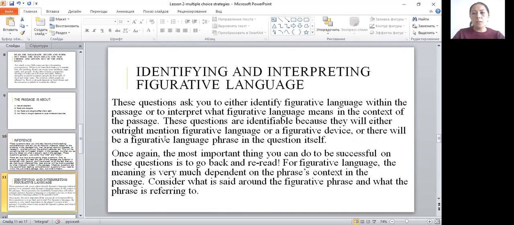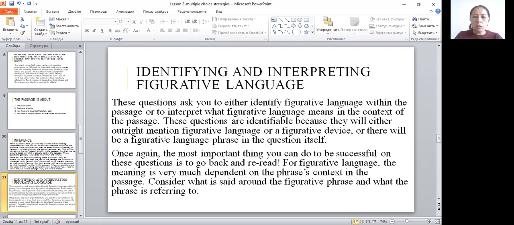And the next type of multiple choice questions is identifying and interpreting figurative language. This type of question is a little different from other question types like inference and reading comprehension, because here you should identify figurative language. In finding the answers, you should also use the go back strategy.